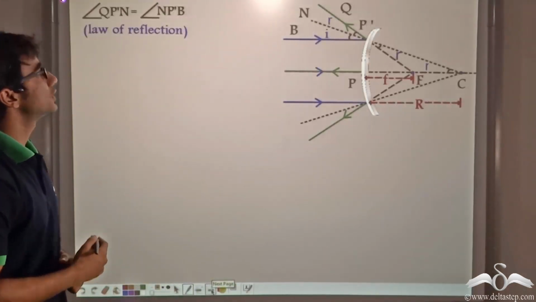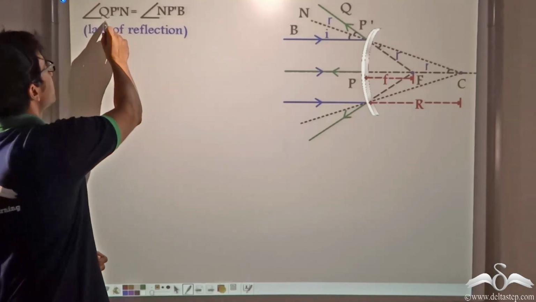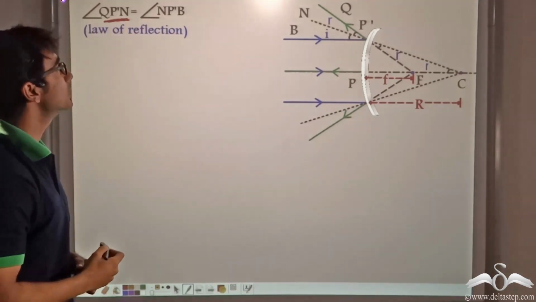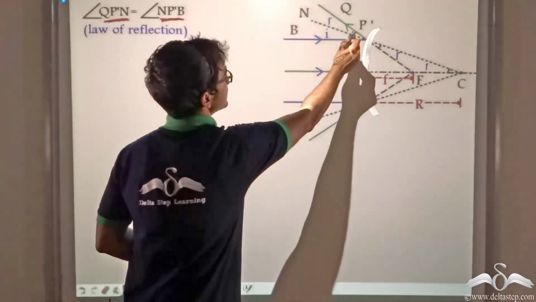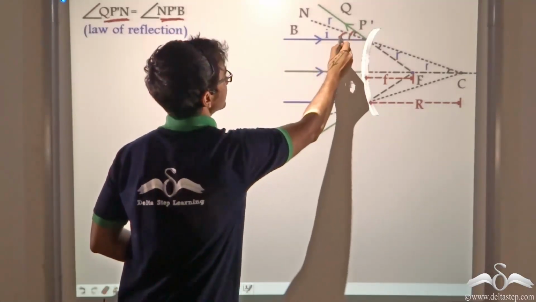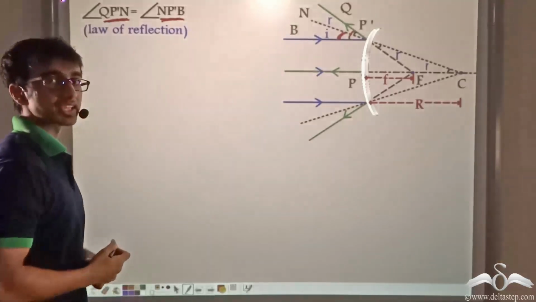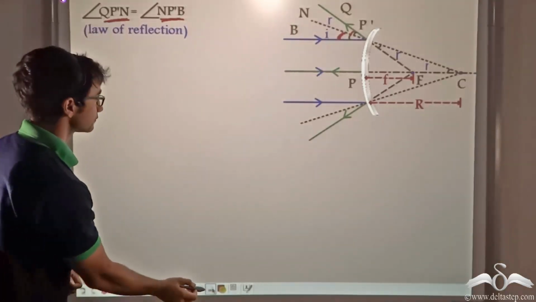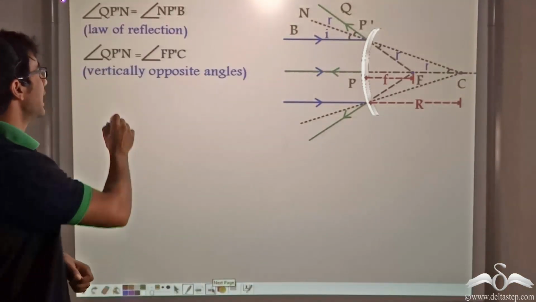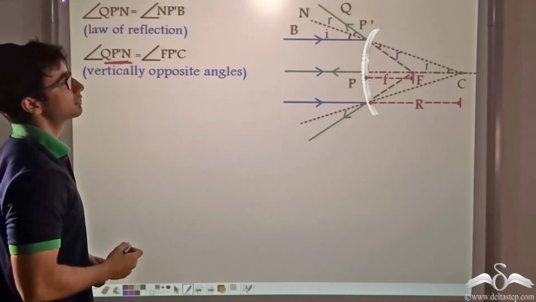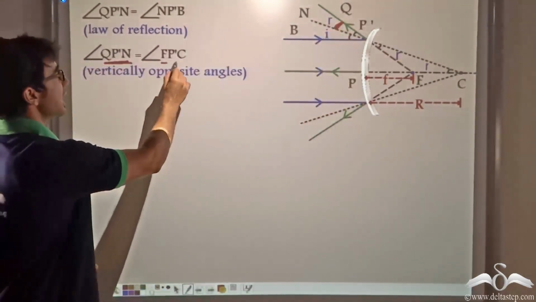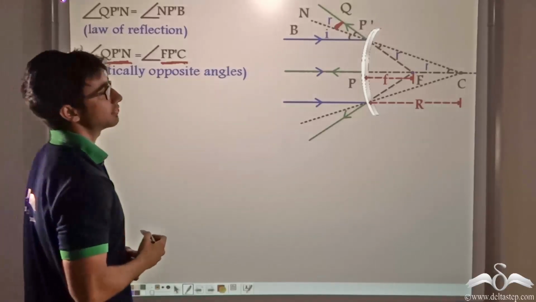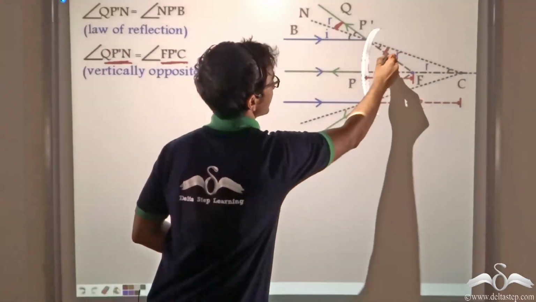Now, as we know that angle QP dashed N is equal to angle NP dashed B, that is, this angle is equal to this angle by the laws of reflection. Also, angle QP dashed N, that is this angle, is equal to angle FP dashed C, that is this angle.